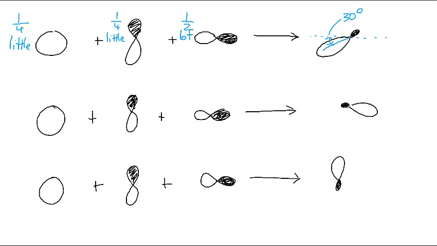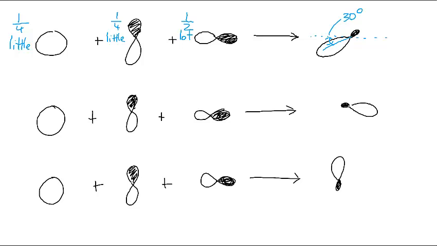But then, have I drawn the third orbital correctly? No, why not? Well, I only have half of it left, but there's another reason. I want this orbital, my resulting orbital, to point to the right.